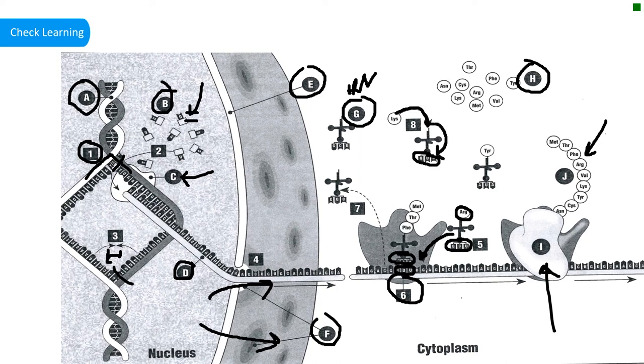So that's basically when the amino acid joins to the tRNA. Have I missed anything out? And 7 would be when the tRNA molecule has dropped off its amino acid on the ribosome, it then goes into the cytoplasm to look for its corresponding amino acid. Job done.